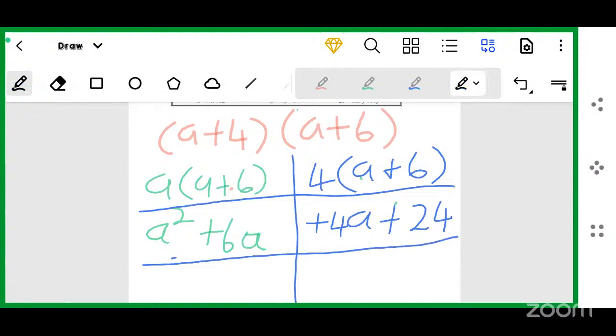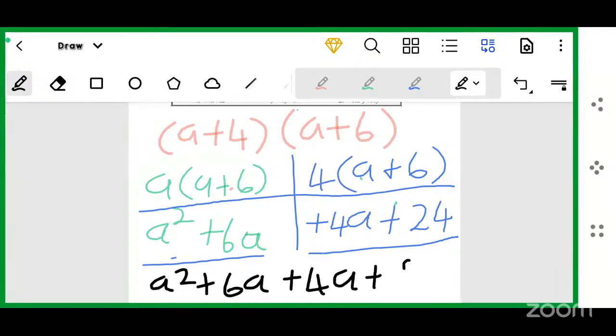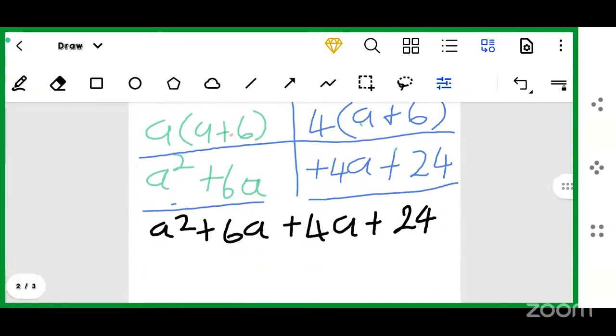We're going to have a squared plus 6a plus 4a plus 24. So do we have twins there, or like terms? Now we have like terms. Which ones are our like terms?